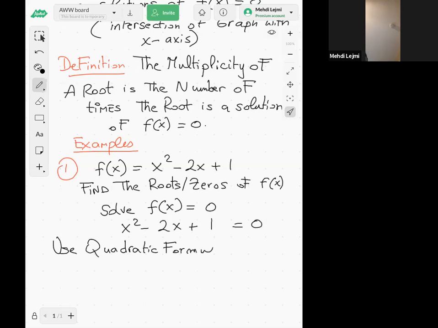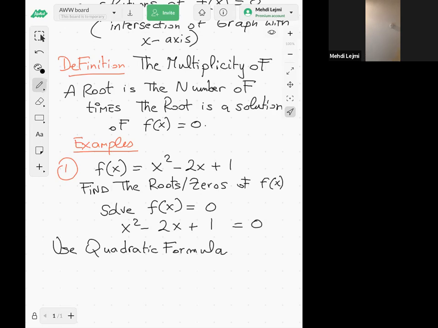Just be careful with the quadratic formula, guys. I think some of you probably had the wrong formula, because on the test you at some point had to find the vertex or the x-intercepts of the quadratic function.